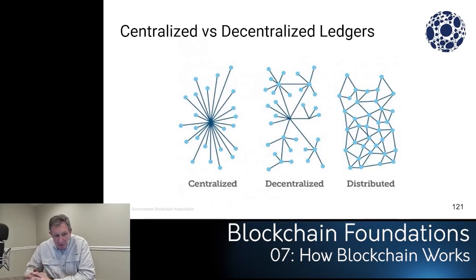But centralized, whether you're talking about architecture or authority, means that you have one person or one group of people making decisions for the whole network. In terms of architecture, all of the data resides in one place, and it might be copied to other locations, but it's made in one place, and then it has a one-way communication out to the other nodes.